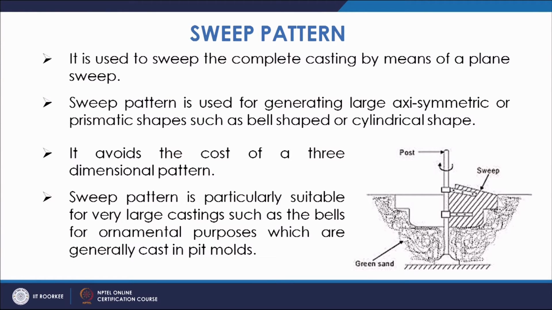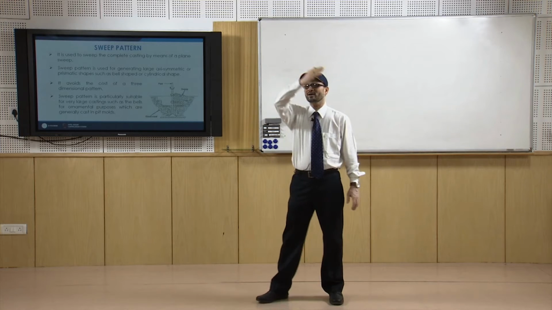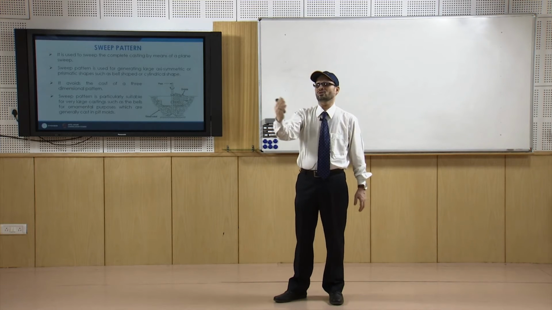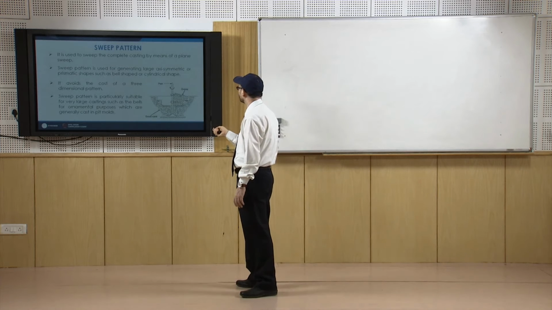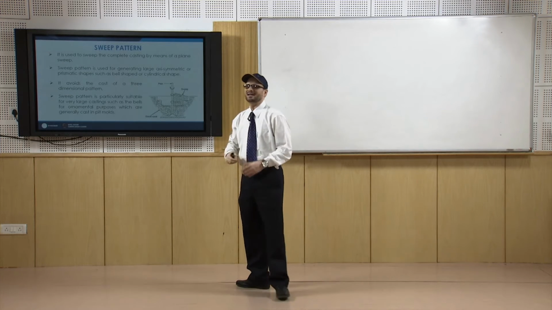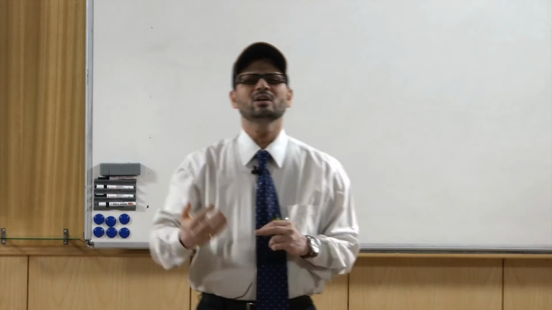So, you have a sweep here and this is used to sweep all the sand from all the sides. It is used for axisymmetric shapes, and once you have the sweep of a certain shape and you rotate it along a vertical axis in all directions, you will have a cavity made of this shape on all the sides, and in that you can do the casting.